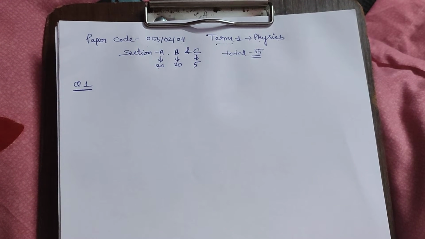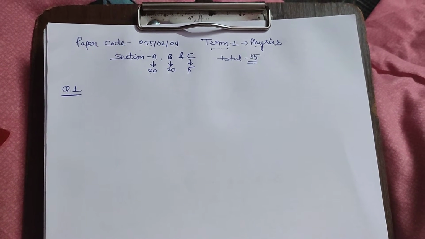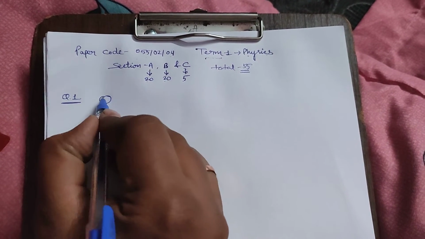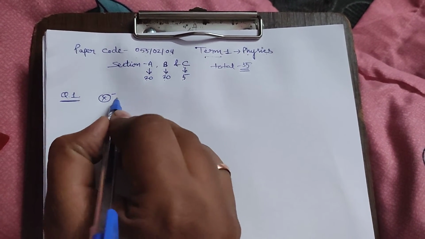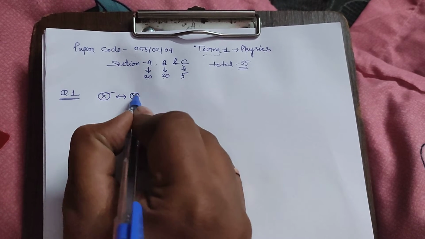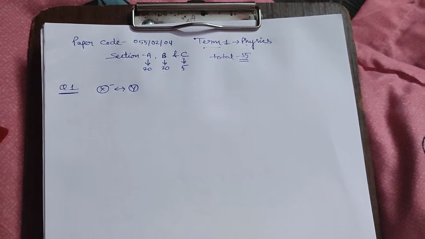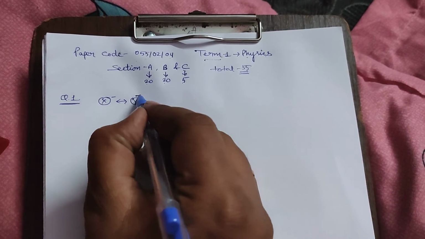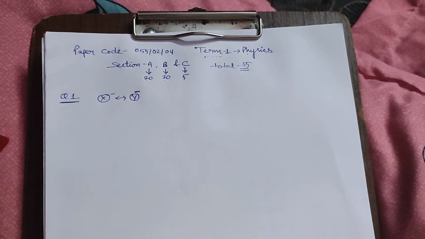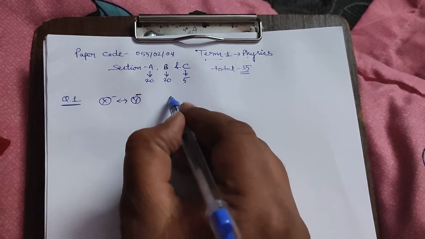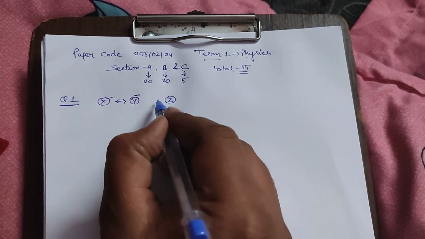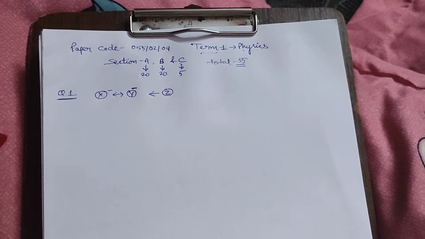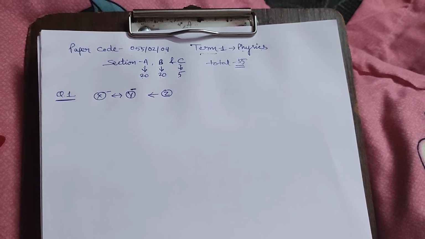In question number 1 it is given that we have a negatively charged object X which is repelled by object Y. The force of repulsion only acts between objects when they have the same charge, so Y is negatively charged. Now there is an object Z which is attracted towards Y. So the charge on Z is... it's very simple.